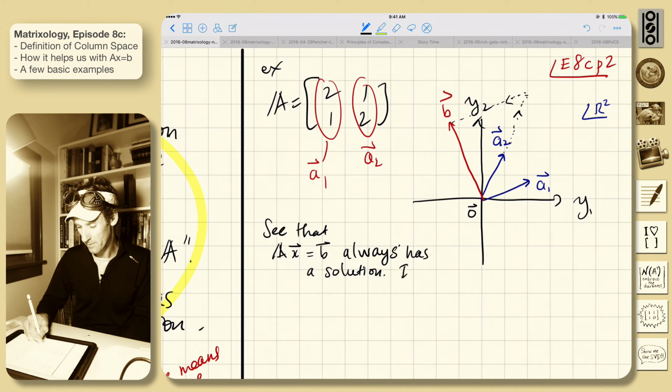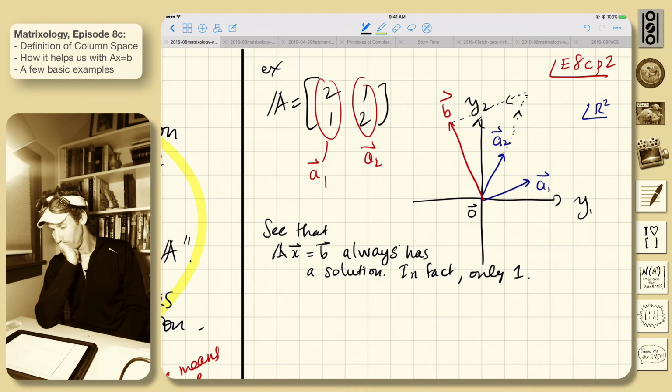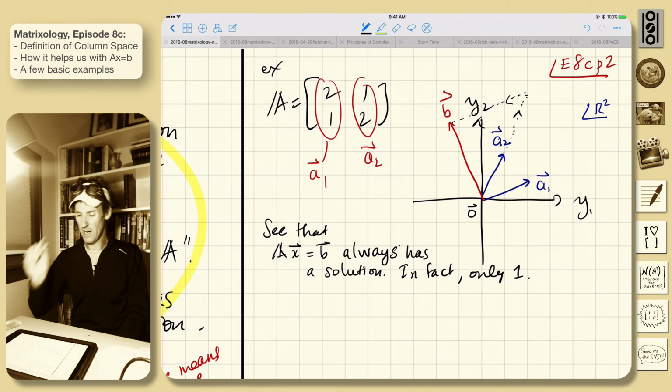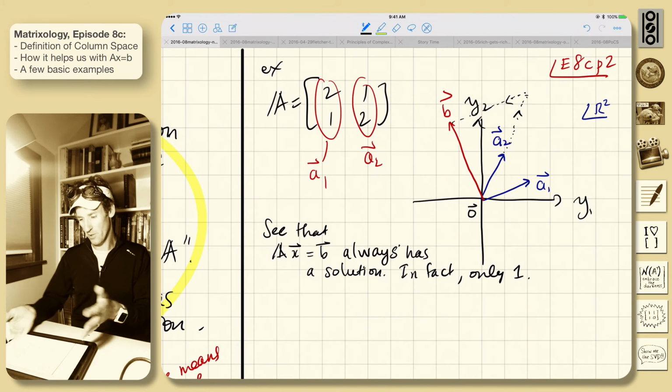So in fact, there is only one. There's no other way to get to B once we figured it out.